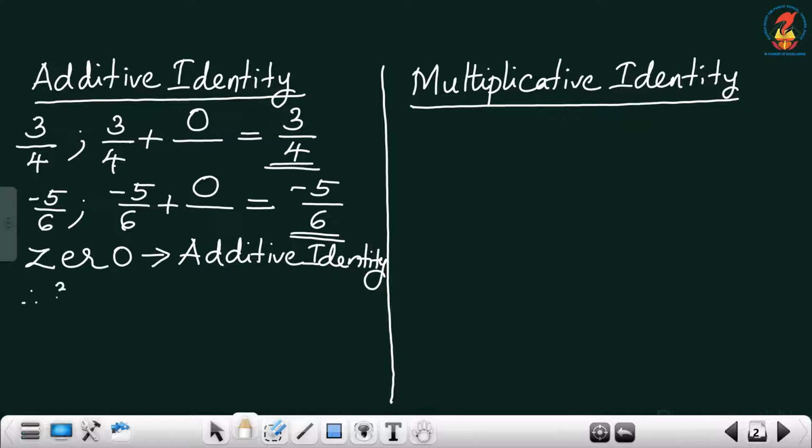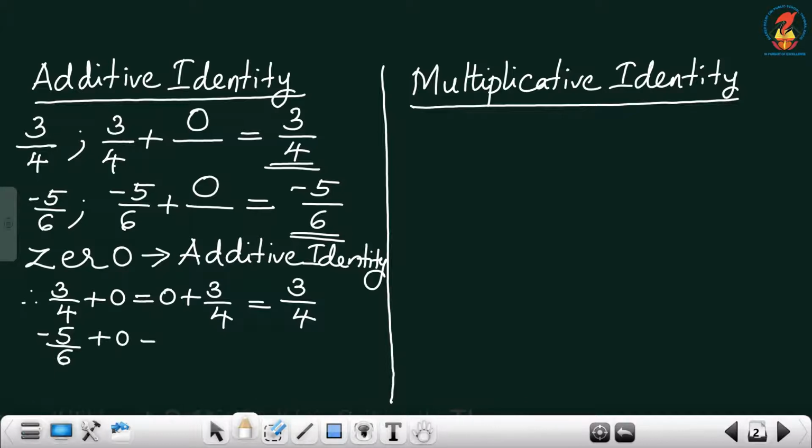Therefore, 3 by 4 plus 0, which is same as 0 plus 3 by 4, equal to 3 by 4. Or negative 5 by 6 plus 0 is equal to 0 plus negative 5 by 6 is equal to negative 5 by 6.